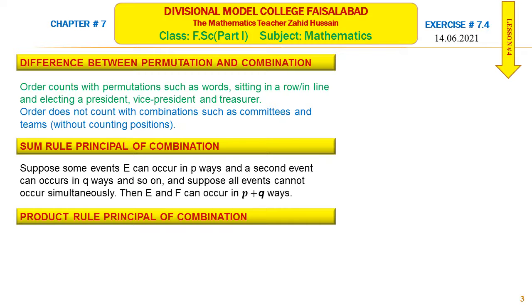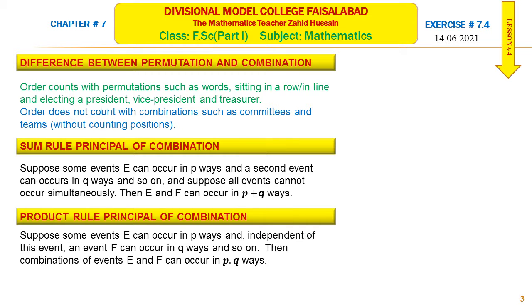And product rule principle of combination. Suppose an event E can occur in P ways, and independent of this event, an event F can occur in Q ways, and so on. Then the combination of events E and F can occur in P times Q ways.